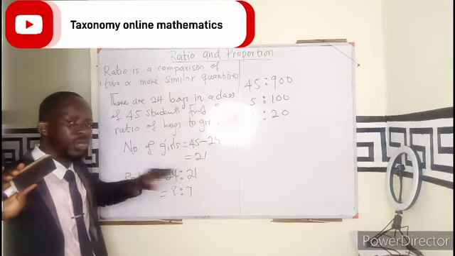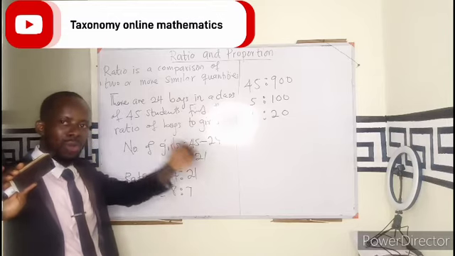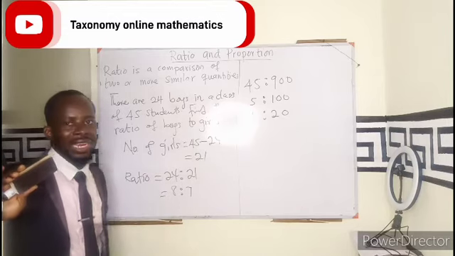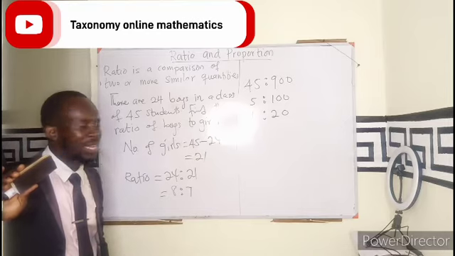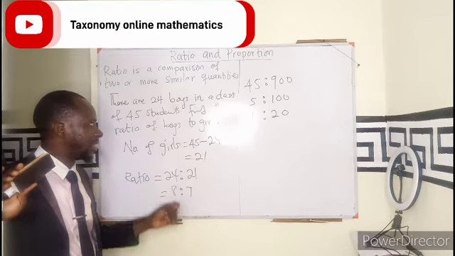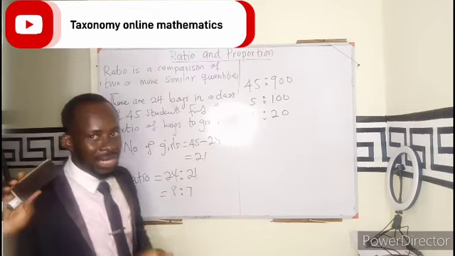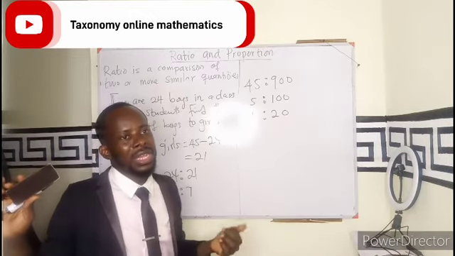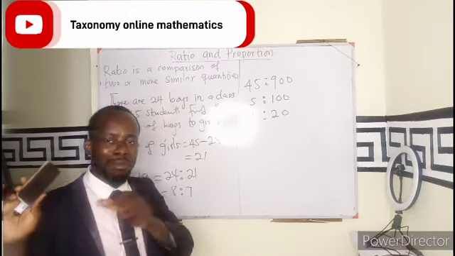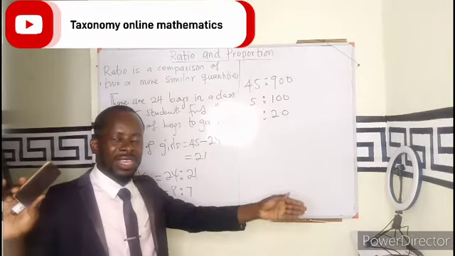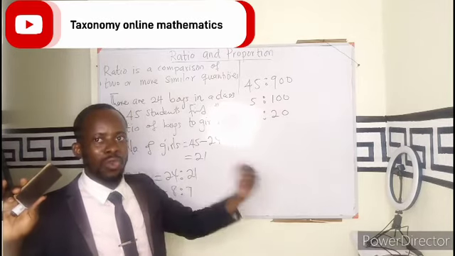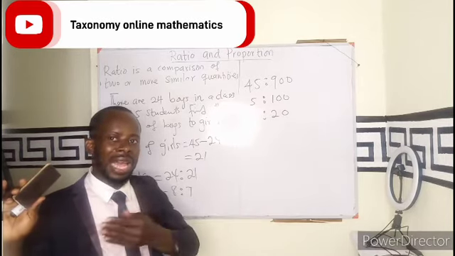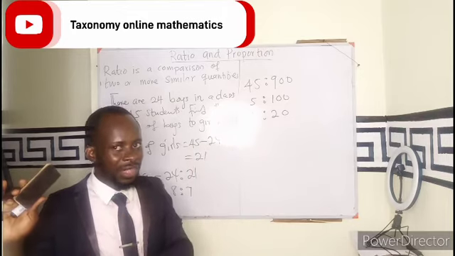So as a ratio, expressing one quantity as the other, these are the ways by which we can get that. If it is in dimensions as we did for the first one, if it is centimeter, meter, you must convert. If it is meter, millimeter, you convert. Kilometer, meter. We have decimeter, centimeter, cube.